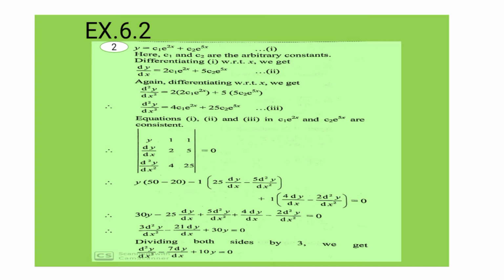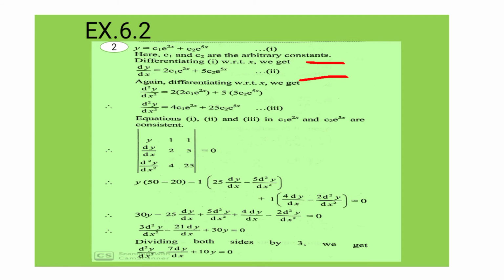So two arbitrary constants are there, so we have to differentiate twice. So first differentiate equation 1 with respect to x. So we get dy/dx is equal to 2 c1 e raised to 2x plus 5 c2 e raised to 5x. Give this equation 2.